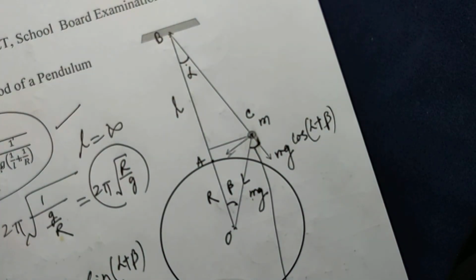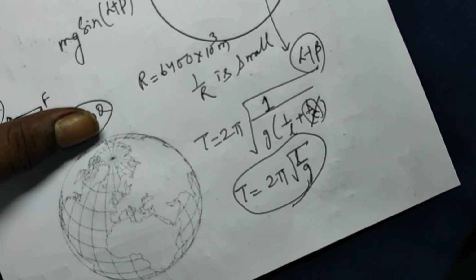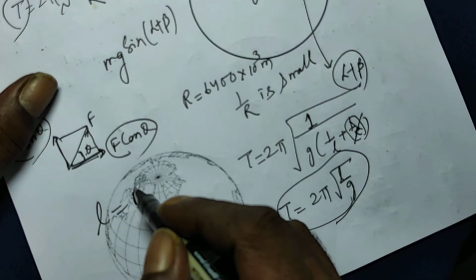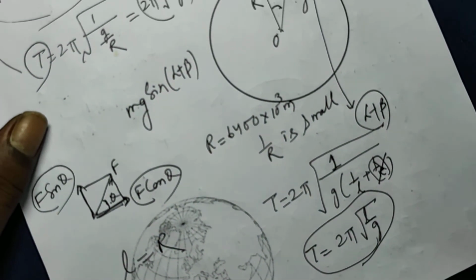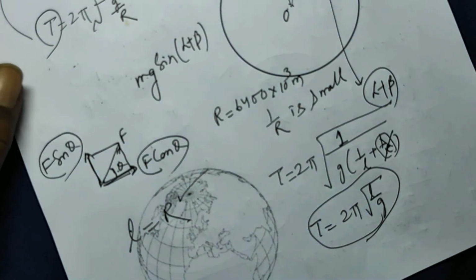Now they might ask you, the length of the pendulum is equal to the radius of the earth. If L is equal to the radius of the earth, then what will be the time period? For L substitute r.